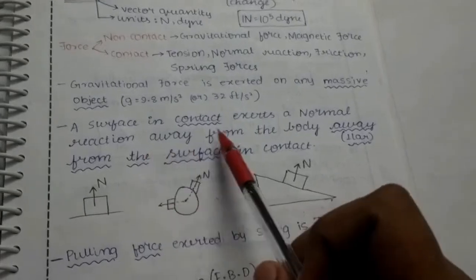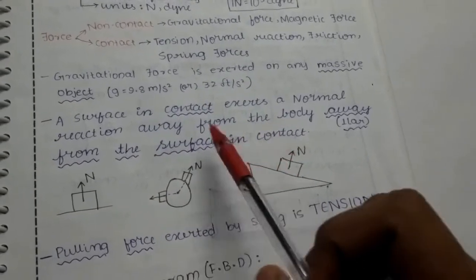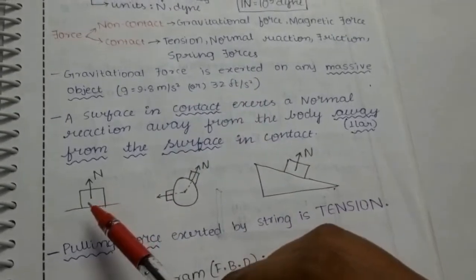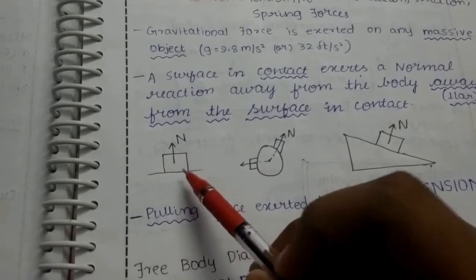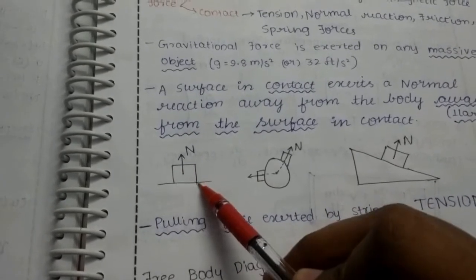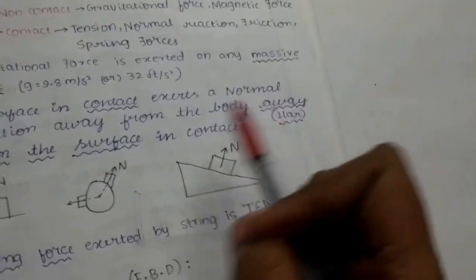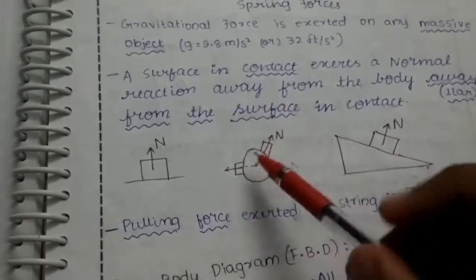Now, normal reaction. A surface in contact exerts a normal reaction away from the surface in contact. Let us refer to these three examples. This is the surface of contact, and away from this contact surface, perpendicular to it, is the normal reaction.